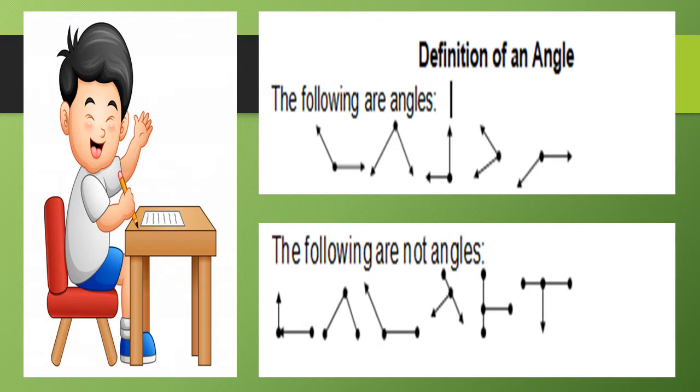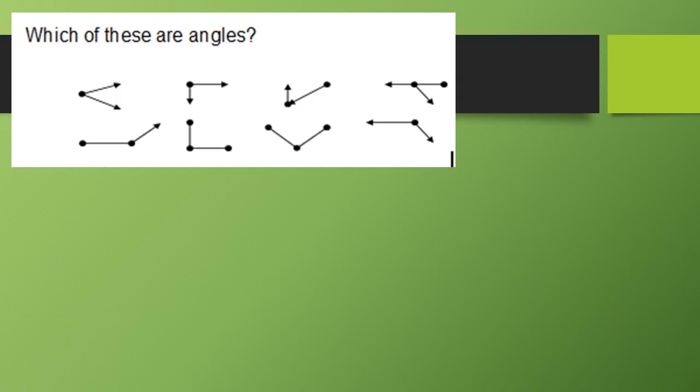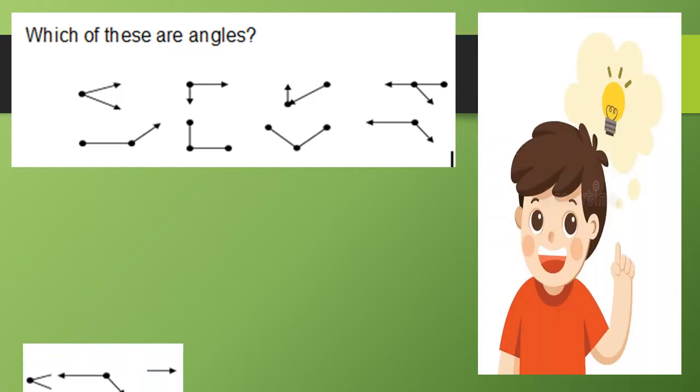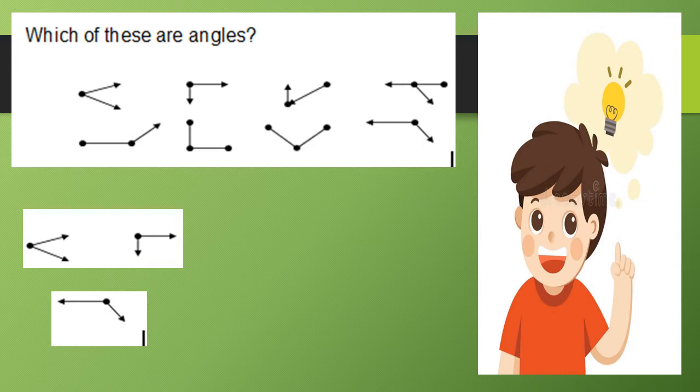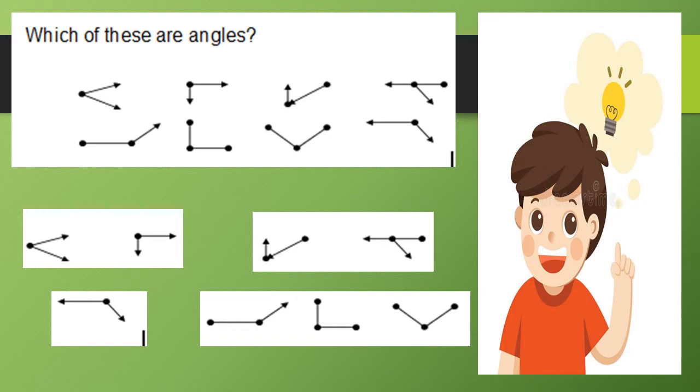Why is it an angle and the other one is not an angle? Which of these are angles? They are angles. They are not angles. Why do you think so?